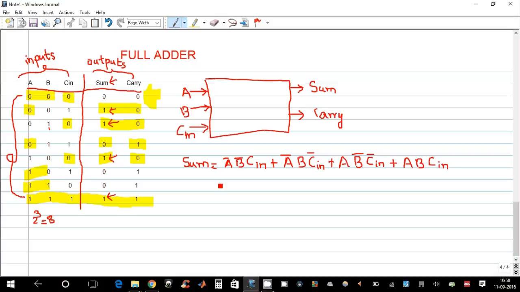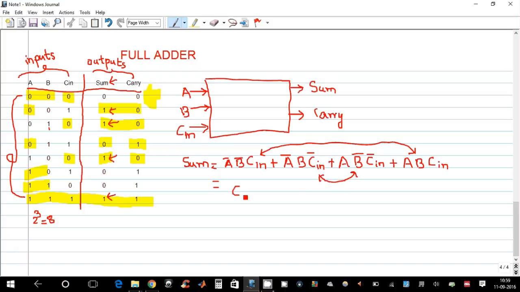Now we need to do the Boolean optimization here. We can take C in common from these two expressions, and similarly we can take C in bar common from these two expressions.